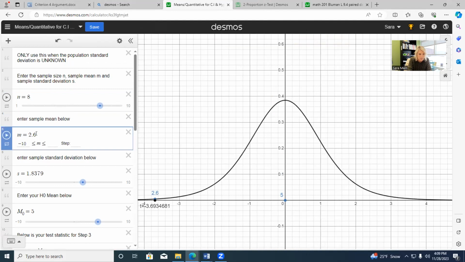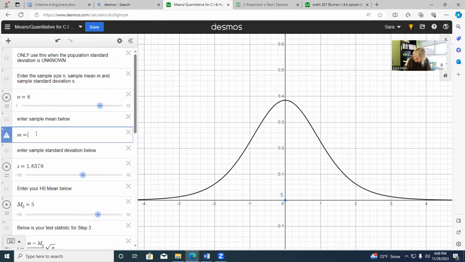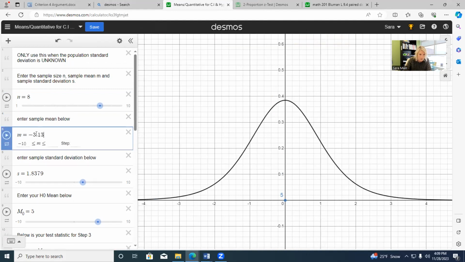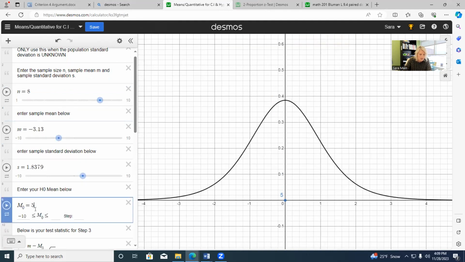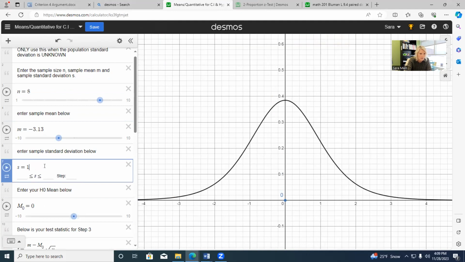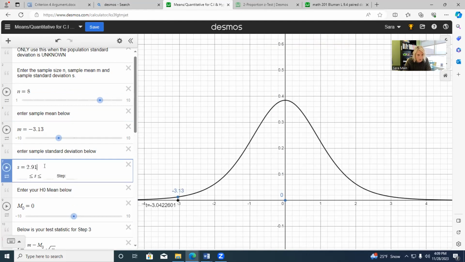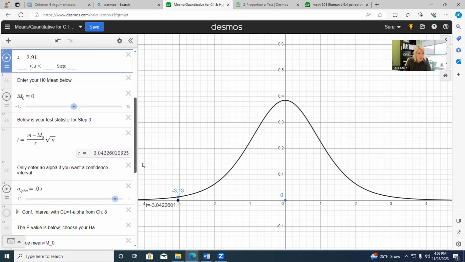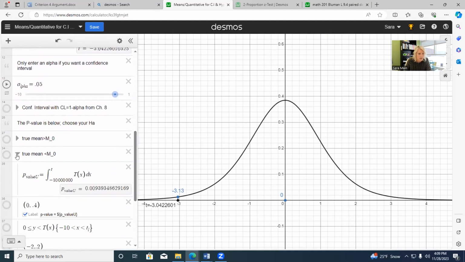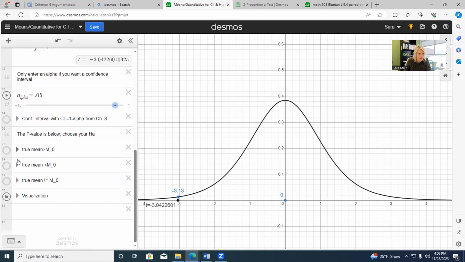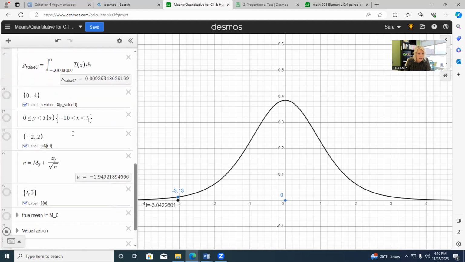And the sample mean we said was a negative 3.13. And we think the difference should be 0 down here, the M0. And the sample standard deviation of the differences was 2.91. And then we can go down and click on the less than test. And then there's our p-value.